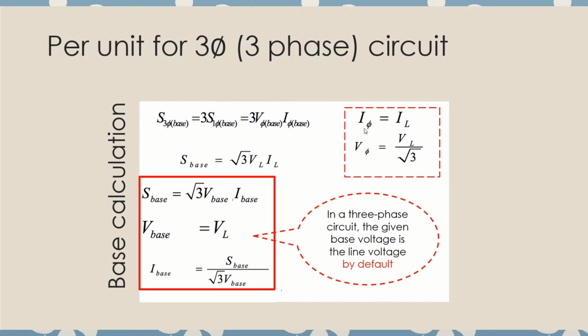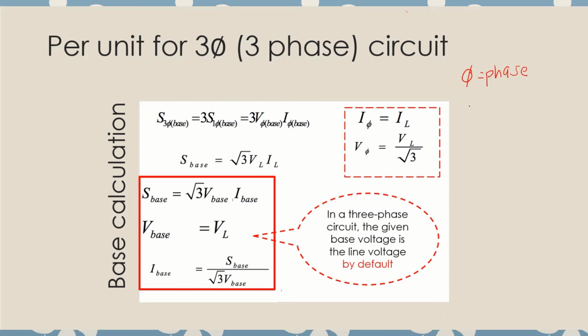If you remember, this is the symbol of a phase, and this is the symbol of the line. For phase, I always note it like this; it's always referring to phase.